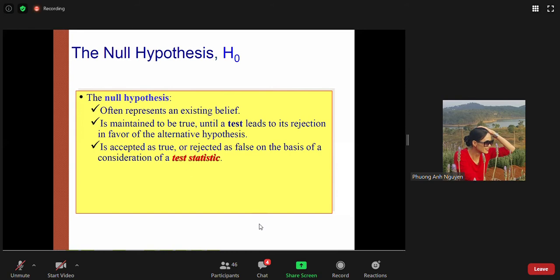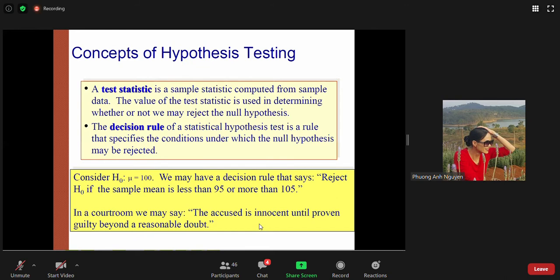Remember, we start with H0, from which you can write out H1. You collect evidence, and finally you make a decision. Two decisions only: reject H0 or not reject H0.